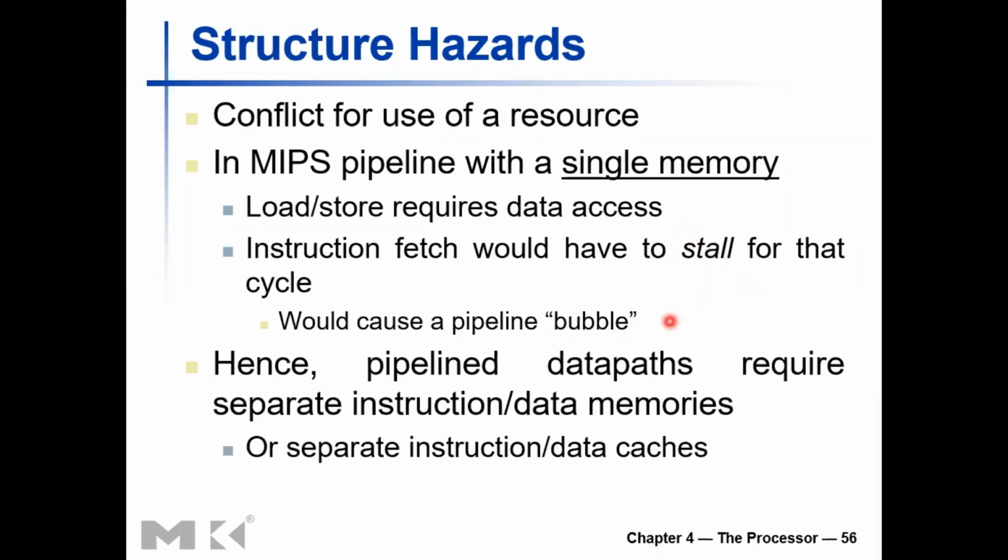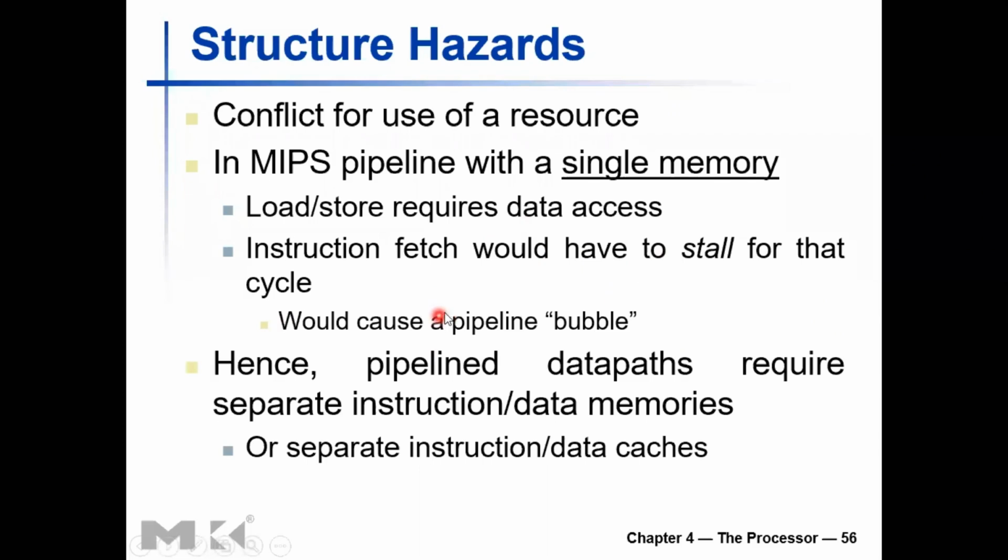That bubble will propagate from the instruction fetch stage into the register read, execution, memory access, and all stages. So at every clock cycle, one particular hardware will be idle, and there'll be one clock cycle where we don't complete an instruction, right?